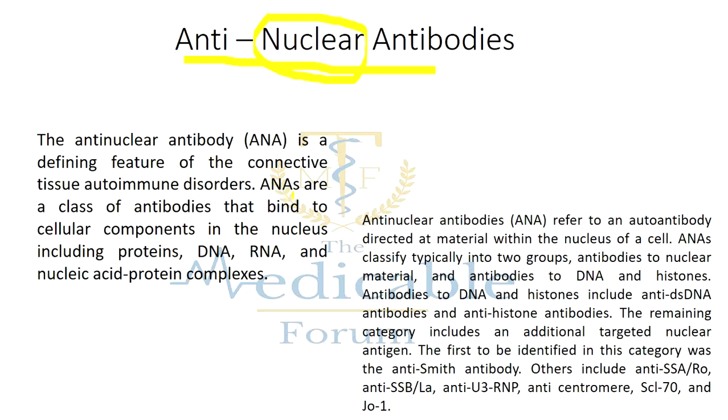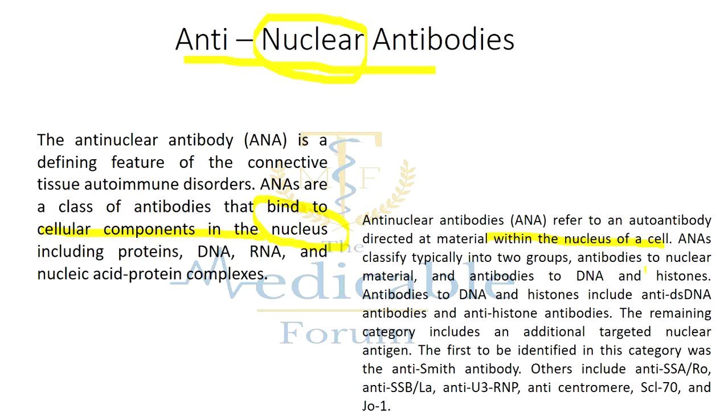ANAs are a class of antibodies that bind to cellular components in the nucleus, not anywhere else. So they can bind to DNA, RNA, nucleic acid protein complexes, and also proteins within the nucleus. Antinuclear antibodies refer to an autoantibody directed at material within the nucleus of the cell.